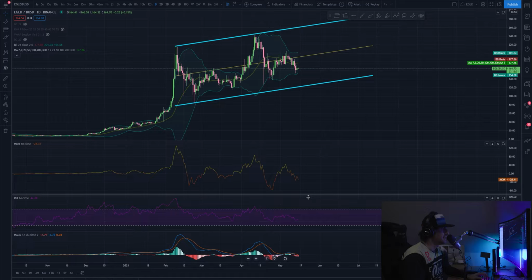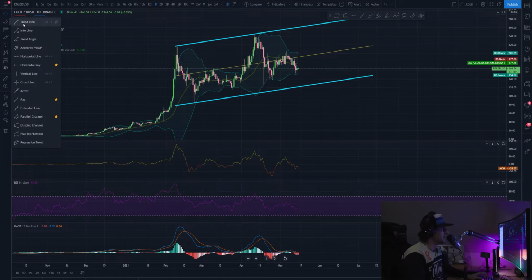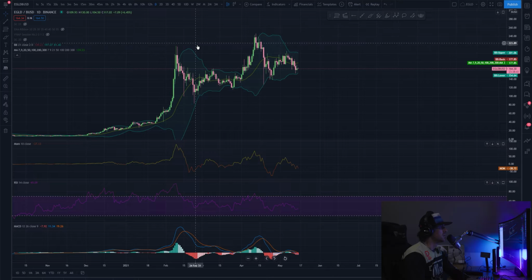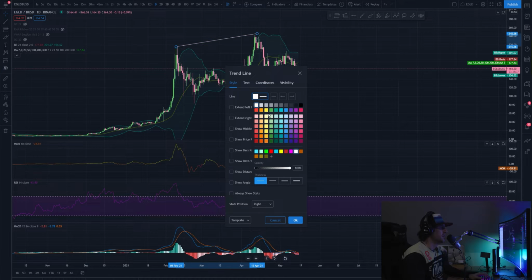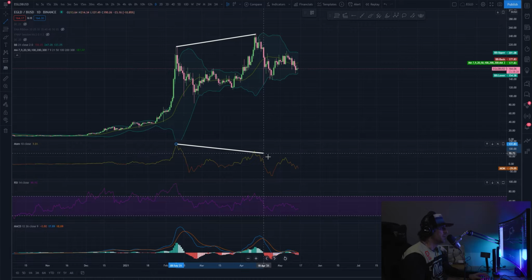How we can see that is pretty easy. People that are following me know that. I'm just going to repeat it very quickly. You see this line right there. This line is showing us that we made a new high right here, but on the MOM indicator we created a new low instead.